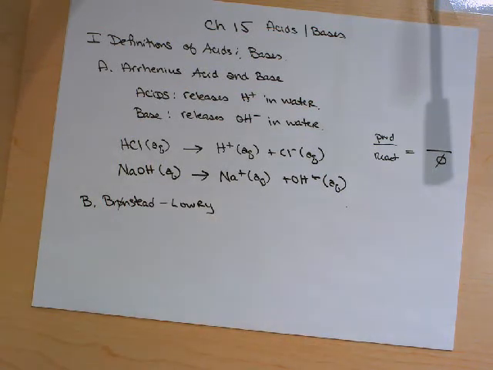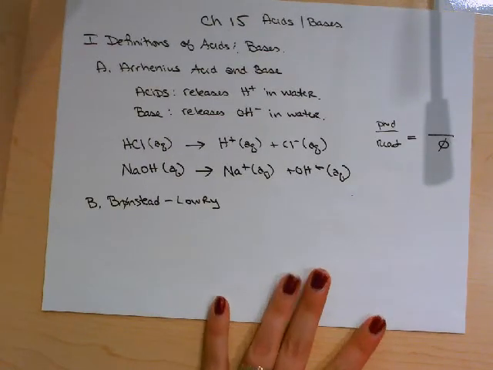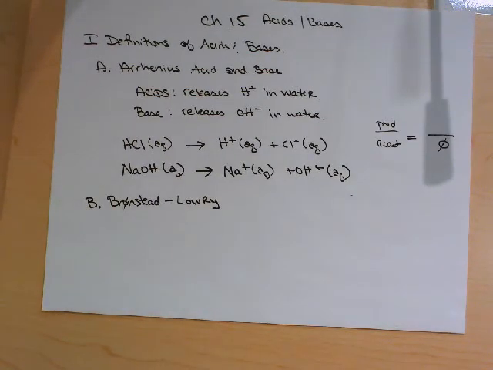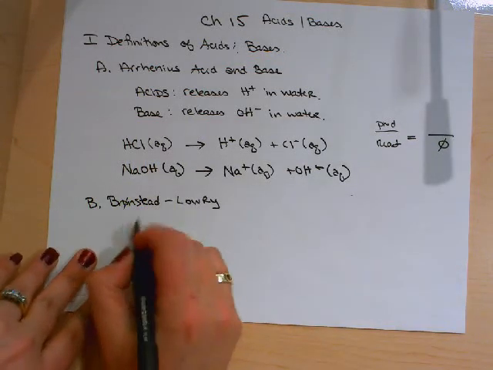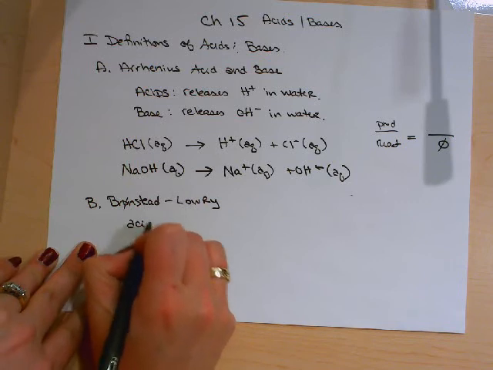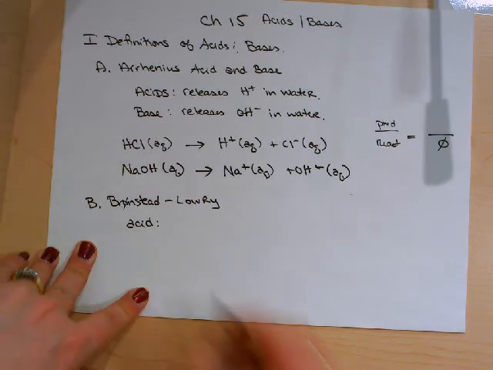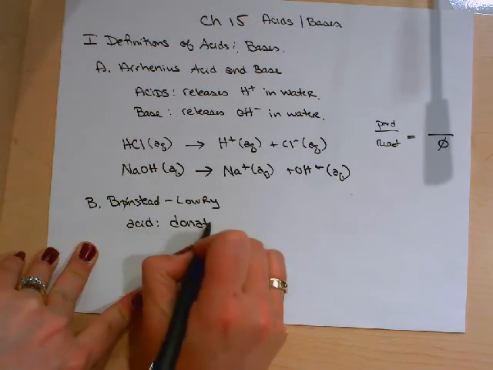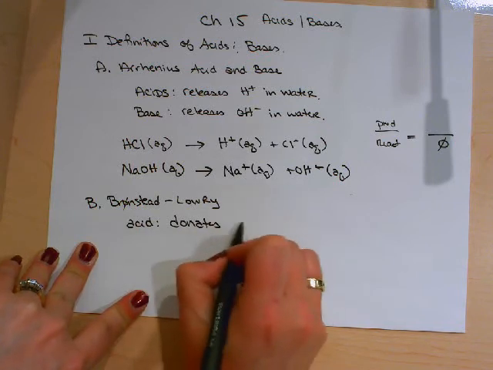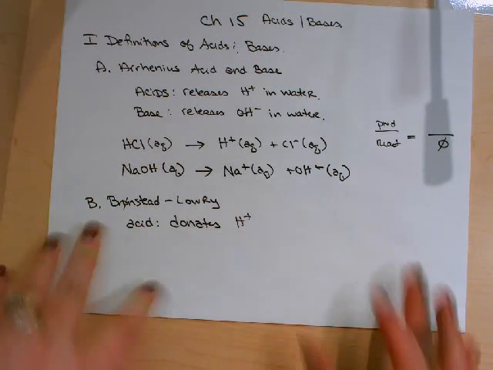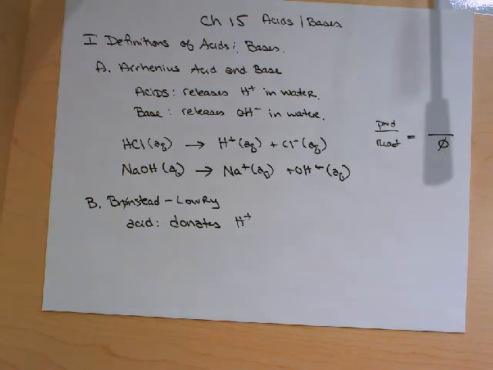We're going to use the Bronsted-Lowry definition, which his name is German, so it has that weird slash through the O, which I don't speak German, but apparently that means something important in their language, so I'm probably misspeaking his name. But, Bronsted-Lowry definition. An acid is something that's going to donate a proton.